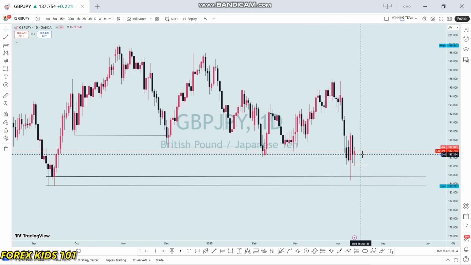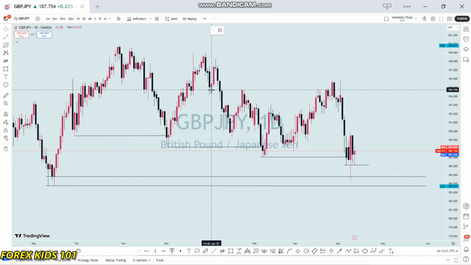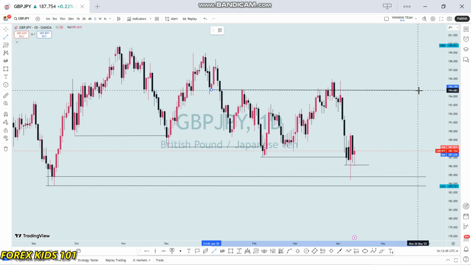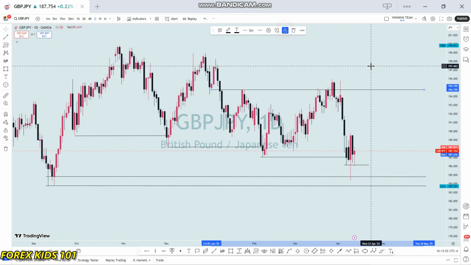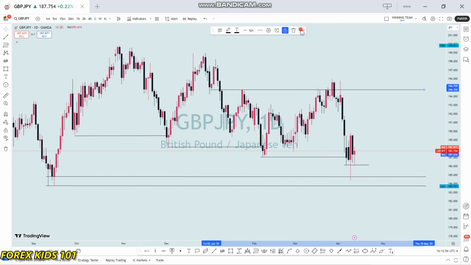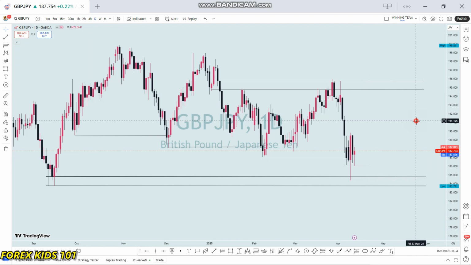So now on this pair, there are two zones that I'm going to be looking out for when I go and trade it. I see that here I have a strong zone just there. So should I be trading a buy on this, I'm going to be targeting that zone, or anything in between inside that zone there.